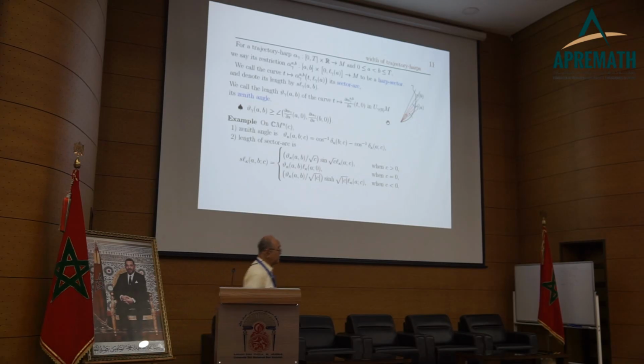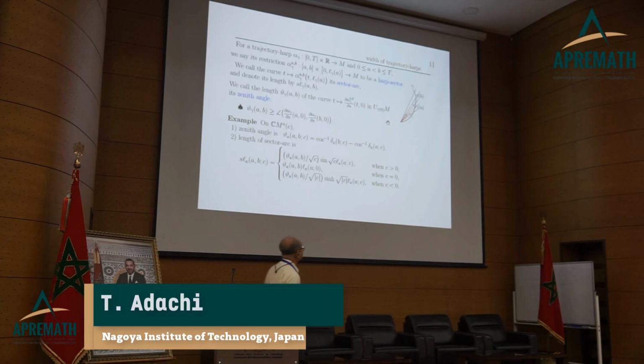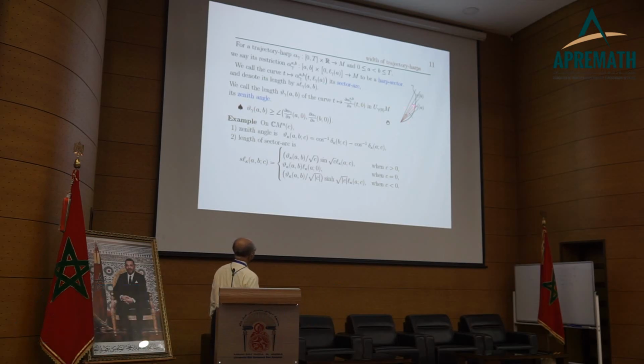In order to show that the trajectory goes to infinity and has a limit point, we need other quantities. Given the trajectory half, we consider this red part, and we call this red part the half sector.